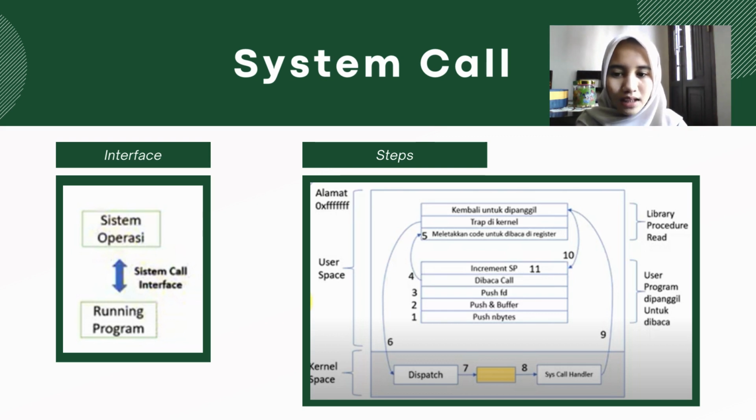The program runs in the operating system through the system call interface, following the 11 steps in this picture: push bytes, push buffer, read call, and following the steps until incrementing SP, using the library process, read, and user program, so it can be read by the user.